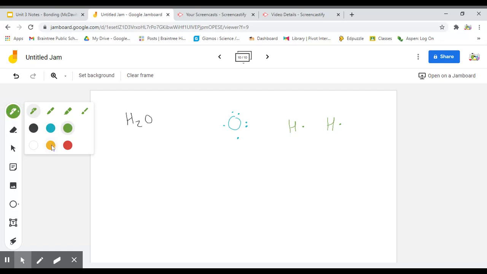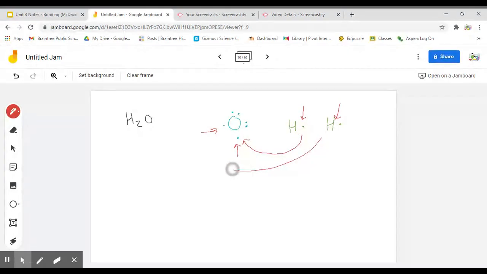Just like last time, we ask how we get rid of these single electrons. There's a location with a single electron there, another there, and a single one on each of these hydrogens. To get rid of them, just like putting together a puzzle, we're going to snap one on here and snap one on here.